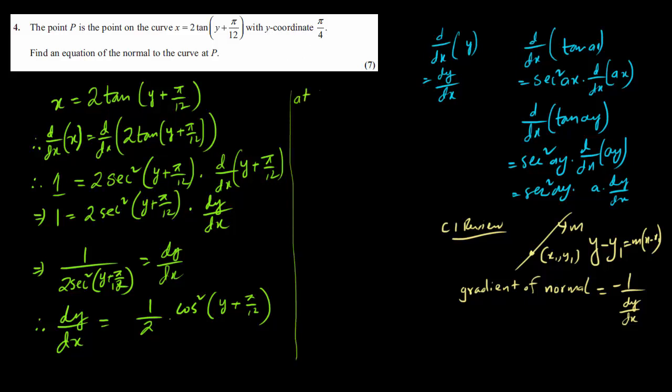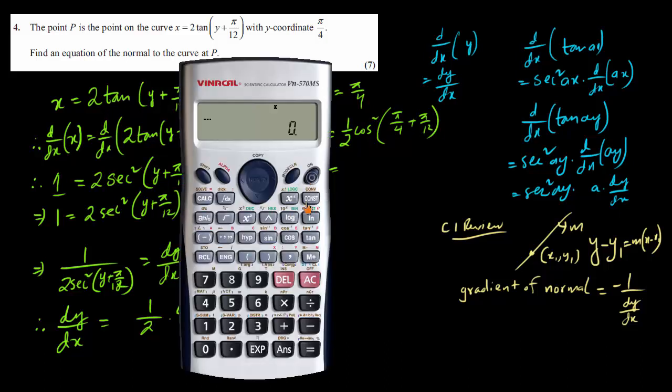So at y equals pi by 4, dy by dx equals half cos squared of pi by 4 plus pi by 12, and that turns out to be 1 by 4 plus 1 by 12, that is 1 by 3.